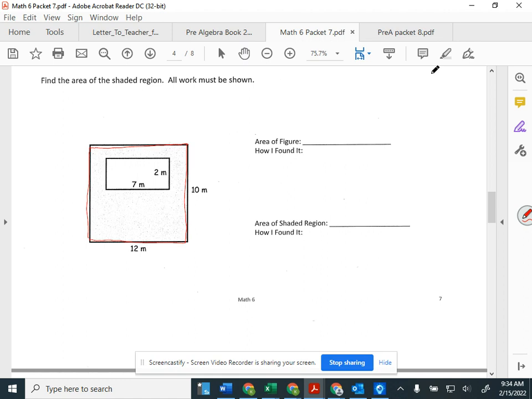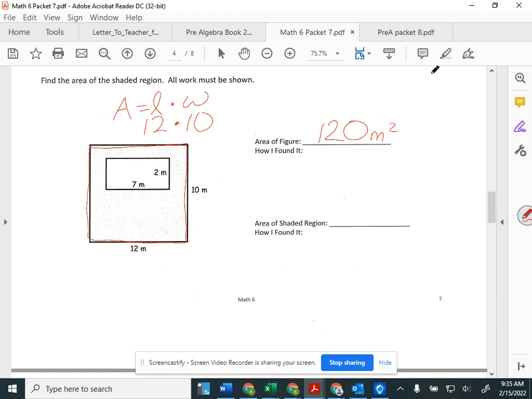How do we find the area of a rectangle? Area equals what, Will W? Length times width. So if we do length times width, we have 12 times 10. So the area of my figure is 12 times 10 meters squared.